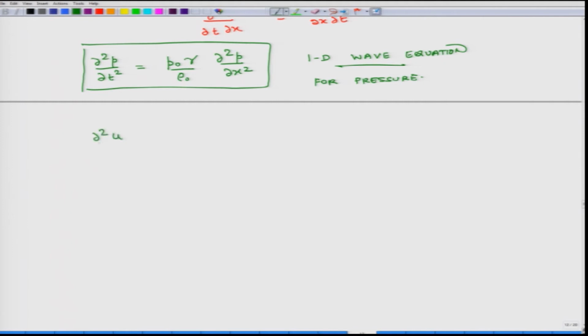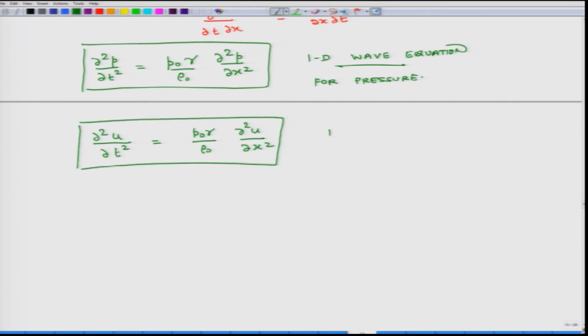So, that will be del 2 u over del t square equals P naught gamma over rho naught times del 2 u over del x square, and this is the 1D wave equation for particle velocity.